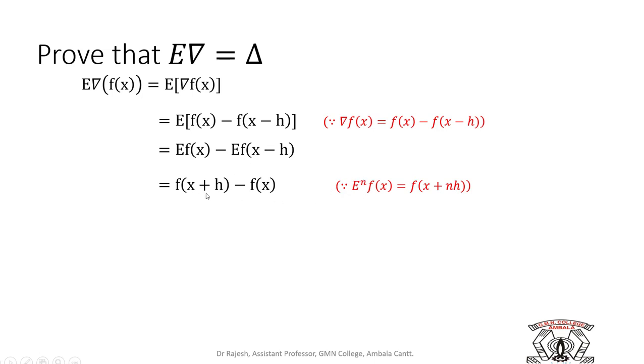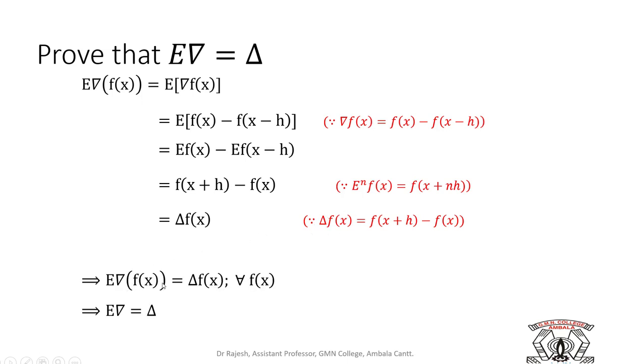This is the definition, and here you see this is nothing but delta of f of x. This is delta of f of x, and once again it is written that this is equal to this one. This is the definition of the forward difference operator, delta.